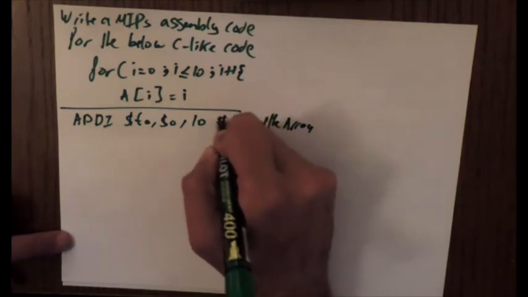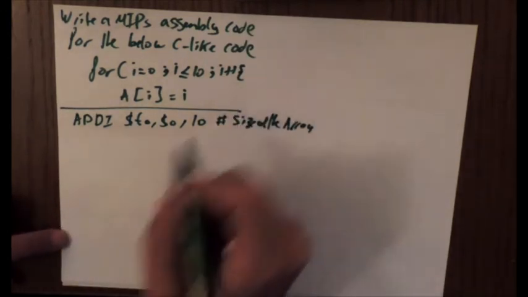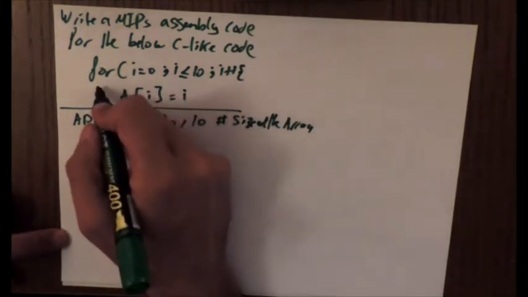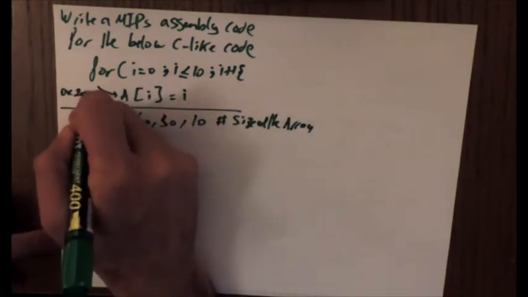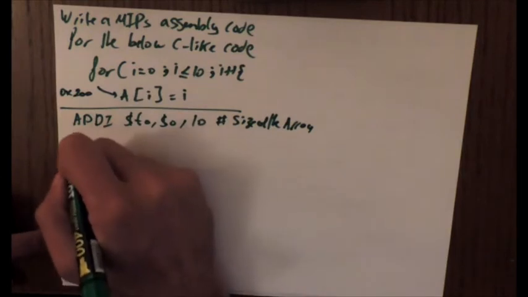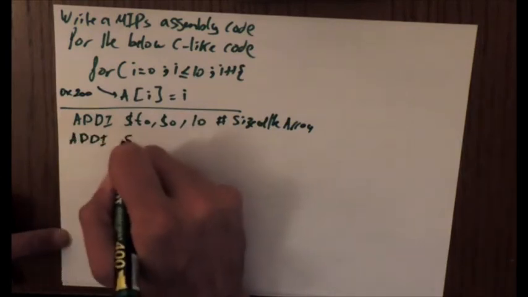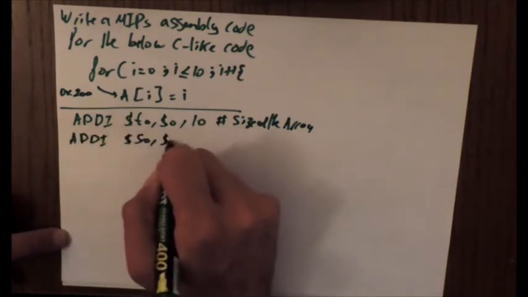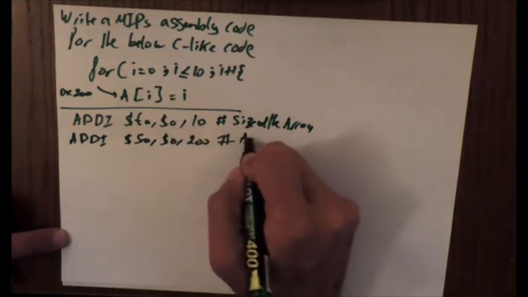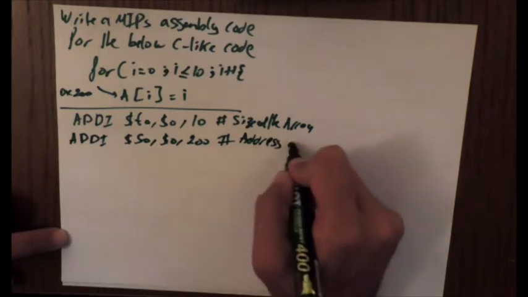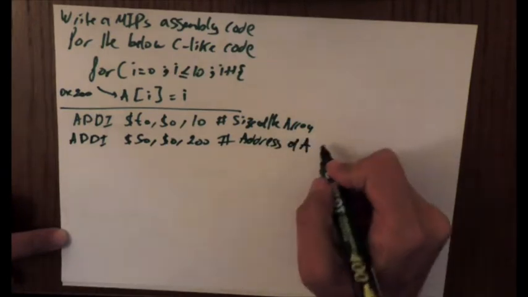Okay, the comment. Now let's say the address is in location 0x200. So let me set up the address. So this is address of A, the array.